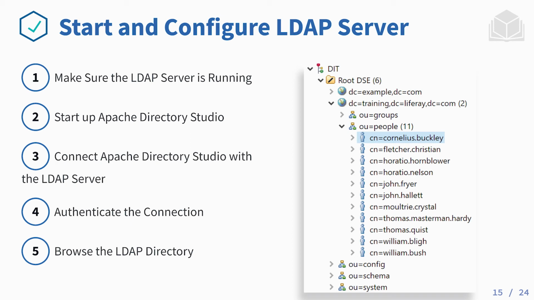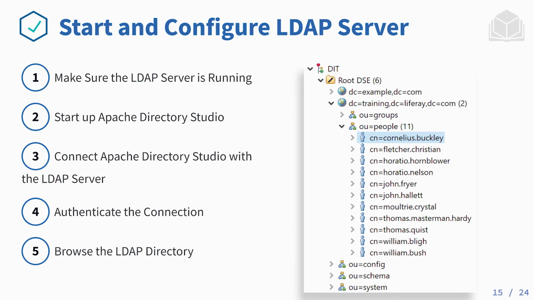Now, in order to get your hands dirty with LDAP, we have prepared an exercise. We actually have prepared a Docker image for you, or not quite a Docker image, but we have prepared it so that you can quickly create one. Make sure the LDAP server is running, which involves you inspecting the Dockerfile, Docker Compose, the dependencies, and so on.